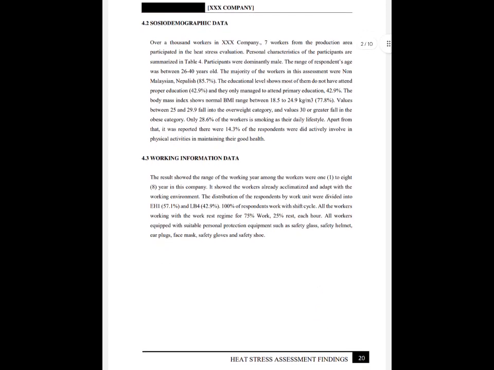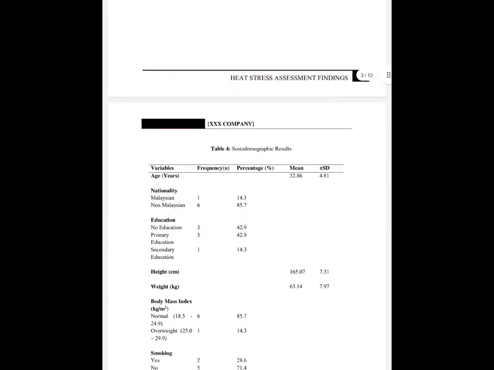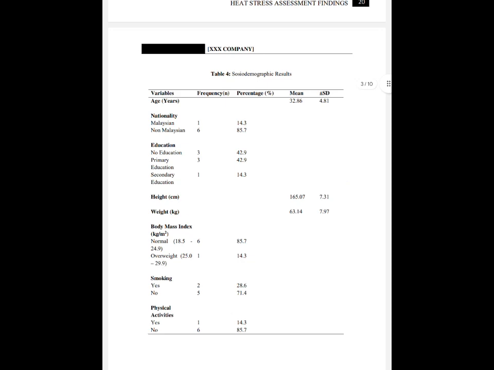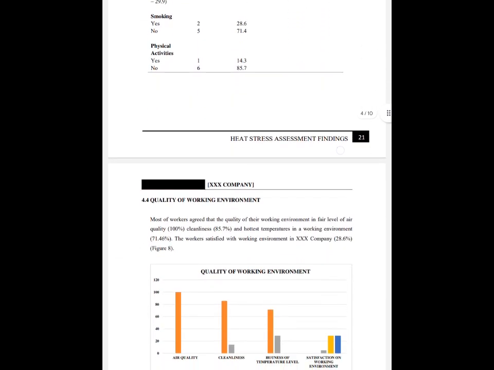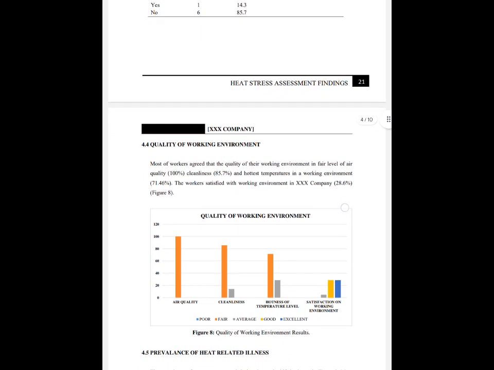So this is how they tabulate the social demographic results. And for the quality of working environment, they present it in figure form, chart form.